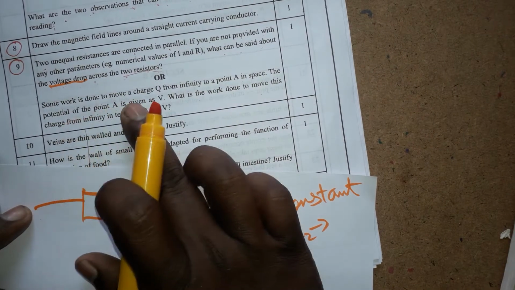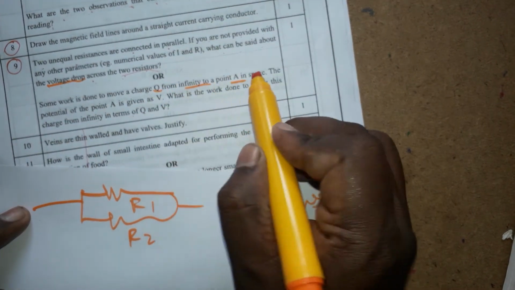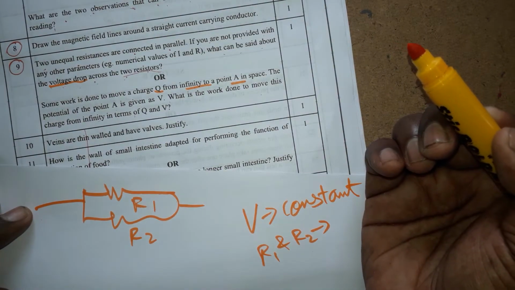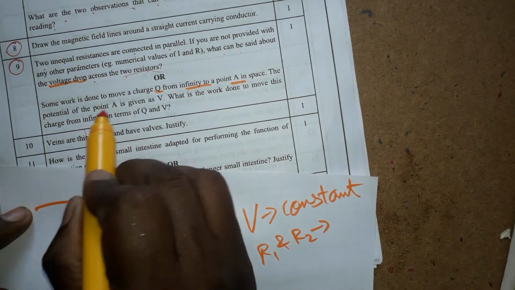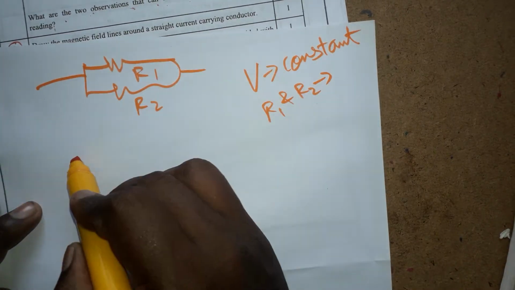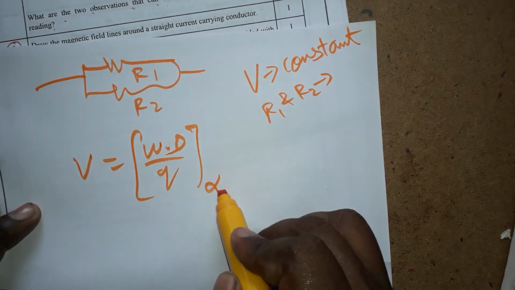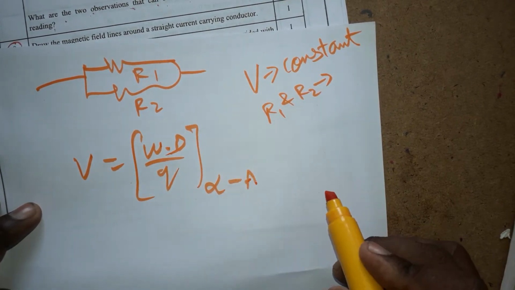Next question. Some work done: a charge is brought from infinity to one point. Infinity to one point means it's going to be a potential, so the potential at point A is given as V. What is the work done in moving the charge? Voltage is equal to the work done in bringing the charge from infinity to one point, so it's going to be a potential.